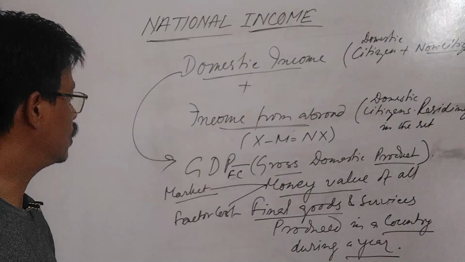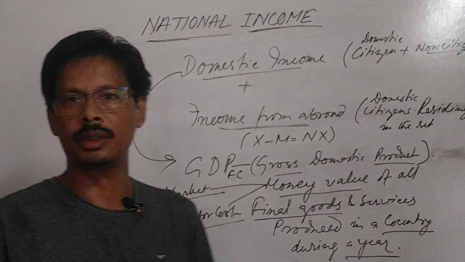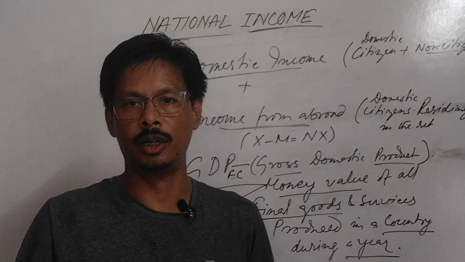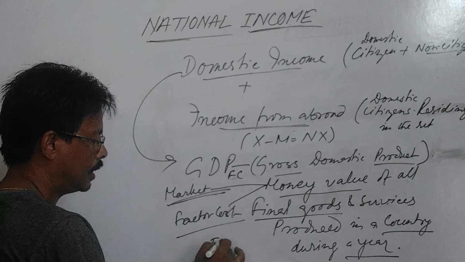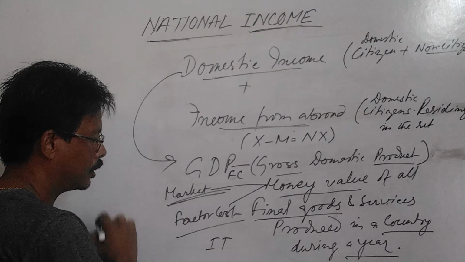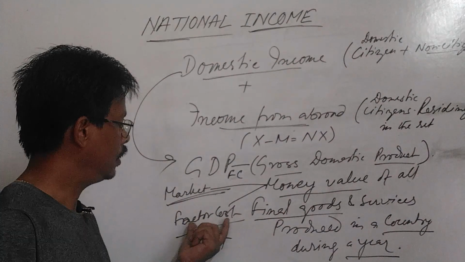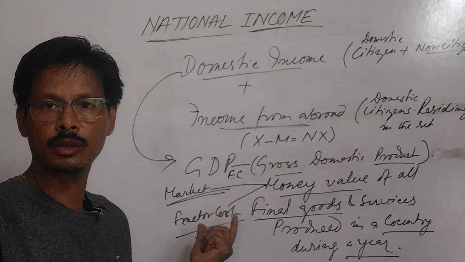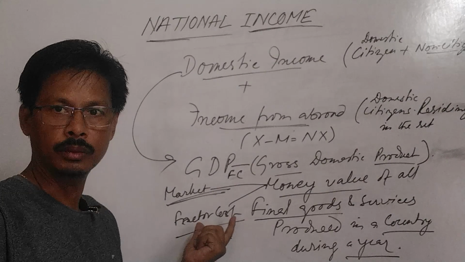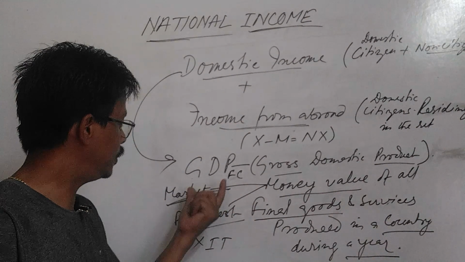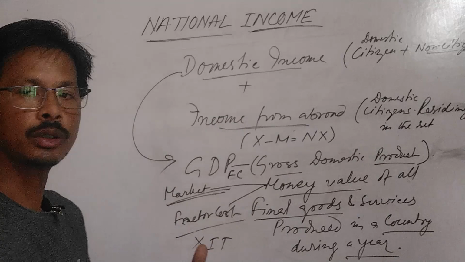The difference between the two terms is that market value is a nominal value and factor cost is a real value of the goods which are produced. Real value, actual value. Because market value includes indirect taxes, and factor value doesn't include indirect tax. So the actual value of the goods and services which are produced may be calculated with factor cost. When you calculate the GDP at factor cost, we obtain the actual value of the goods produced.